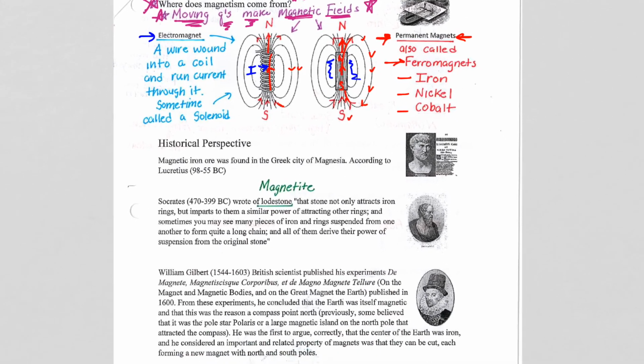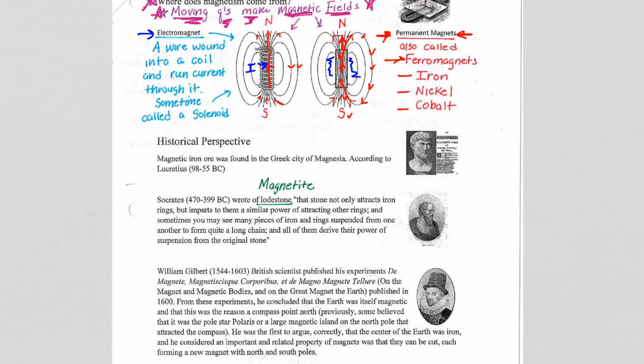That's the last thing I have here for this lesson, and really nothing to annotate, but for you to read and see that it really was the ancient Greeks that first, and maybe even before that, observed that permanent magnets existed, and then it wasn't until around the 1600s, where we're going to pick up our discussion in our next lesson, that William Gilbert realized the Earth itself is a permanent magnet.